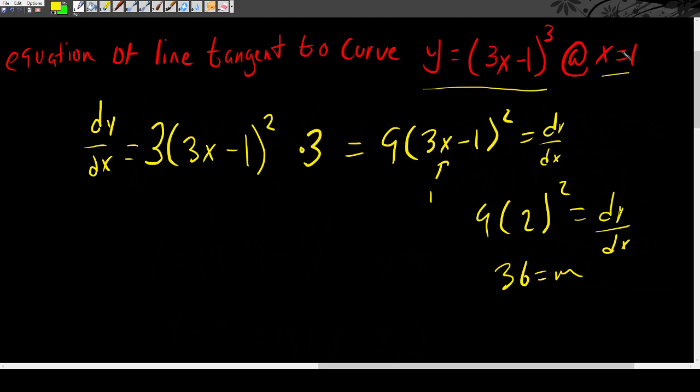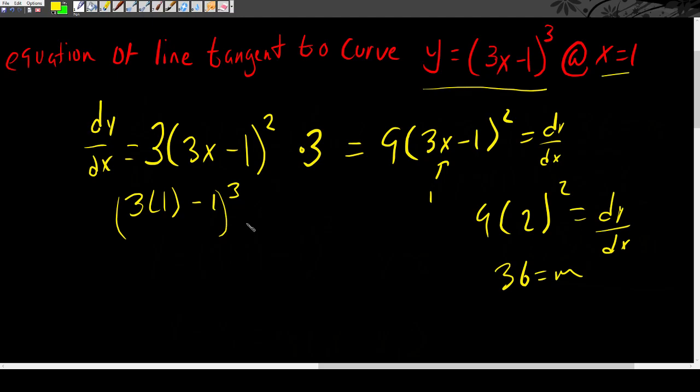Now I need to find the y part of this coordinate. So I'm just gonna plug in 1. If I was taking the AP exam, I would not even show work here. Well, I would have to, I guess, or else I miss the point.